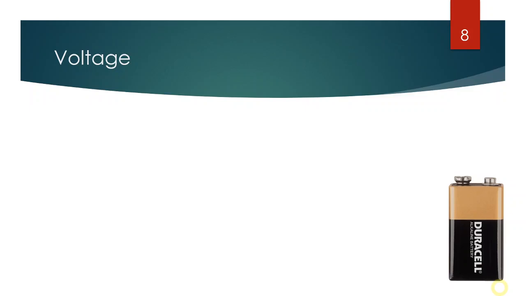Okay, let's look at the concept of voltage. Voltage can be thought of as electrical pressure. I like to compare electricity to water pressure, because a lot of people understand water pressure. When you are at a sink and the faucets are closed, there's a certain amount of pressure that's available to you.